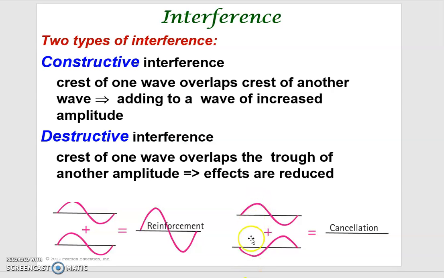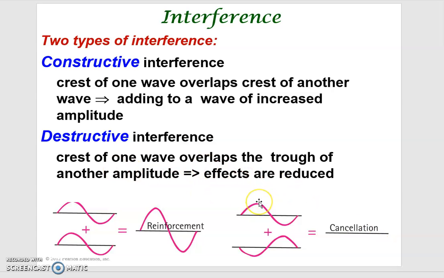So these two positions actually overlap with each other, but now one is positive, one is negative. So they basically cancel each other. So the net result will be a pure cancellation. So the net wave is this. There's no wave anymore. So that's the reason I say it is a totally destructive interference.